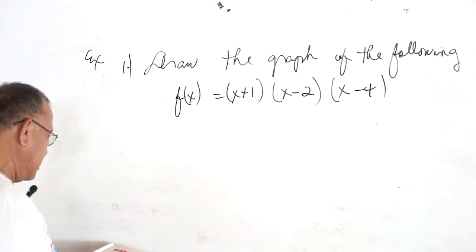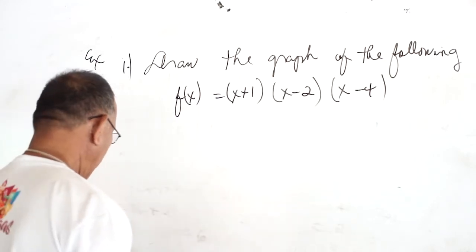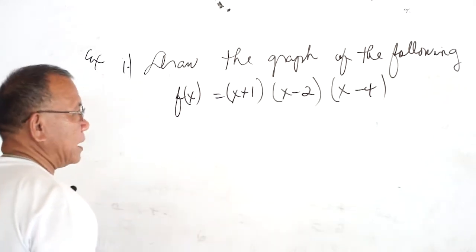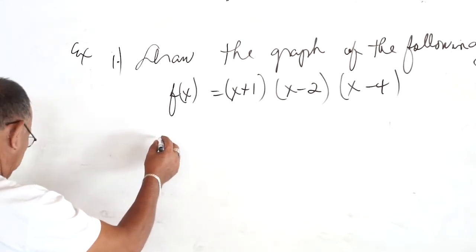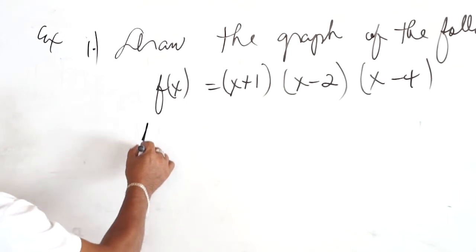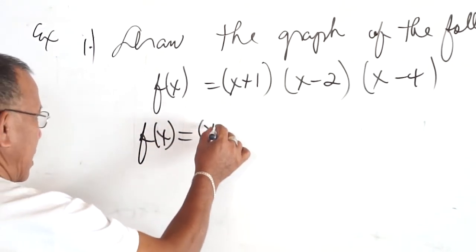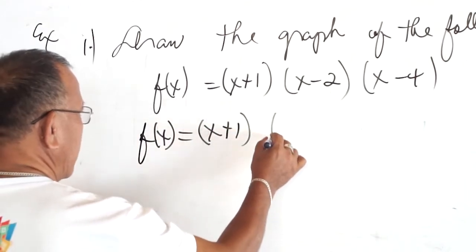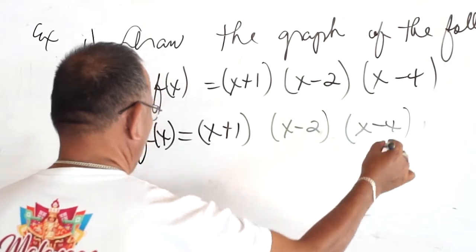First, determine all the zeros of the polynomial and their multiplicity. Okay, so we have f of x is equal to x plus 1, then x minus 2, then x minus 4.